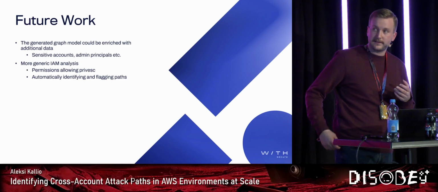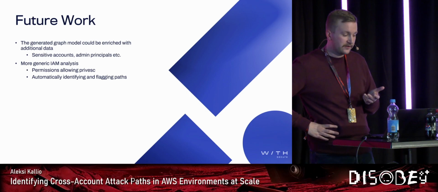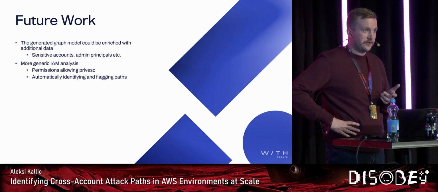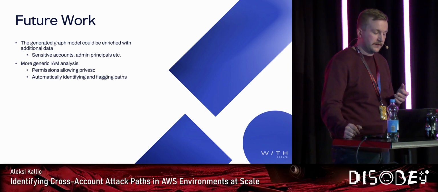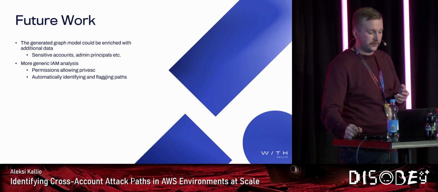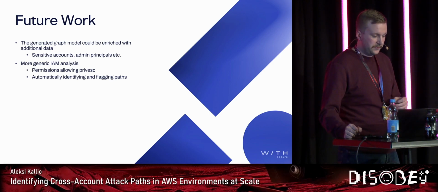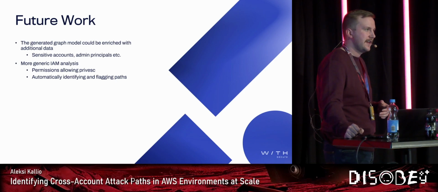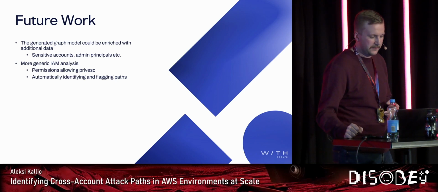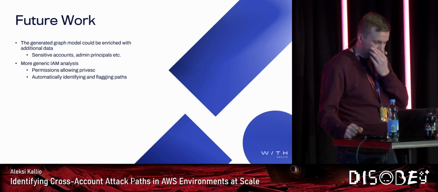And like I said, at the moment it's not a generic IAM analysis tool. It doesn't do any permission evaluation in order to find privilege escalations or overly privileged principals, but it could easily do that because it already has the data in it, so it's just a matter of having that automatic analysis.